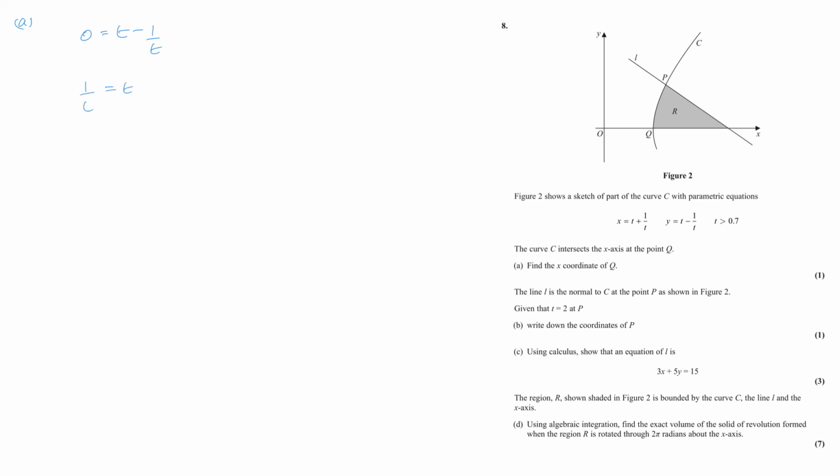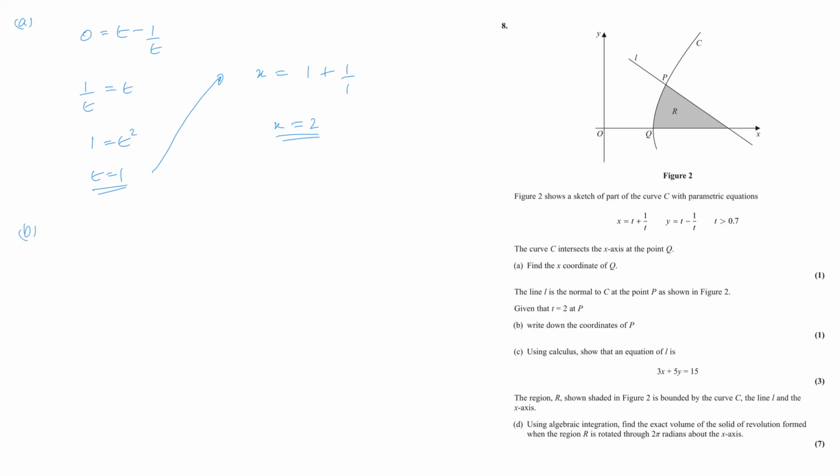So t equals 1 over t. t squared equals 1, t equals 1. And substituting that into the x, x equals 1 plus 1 over 1, which is 2. So x equals 2 is your first coordinate.